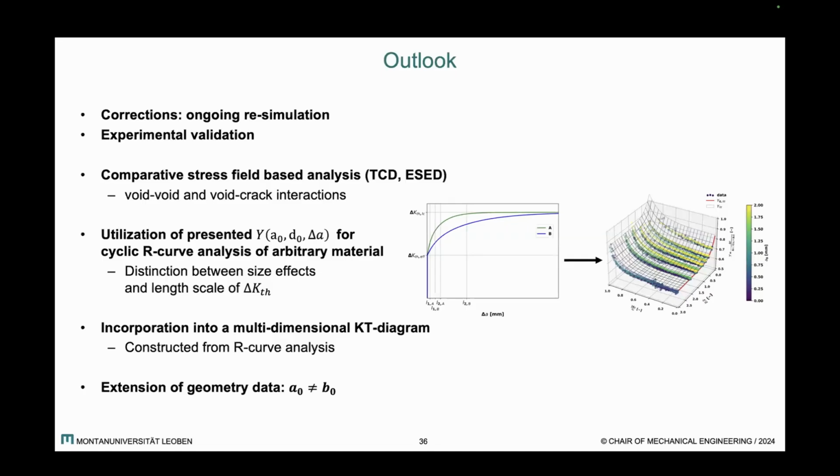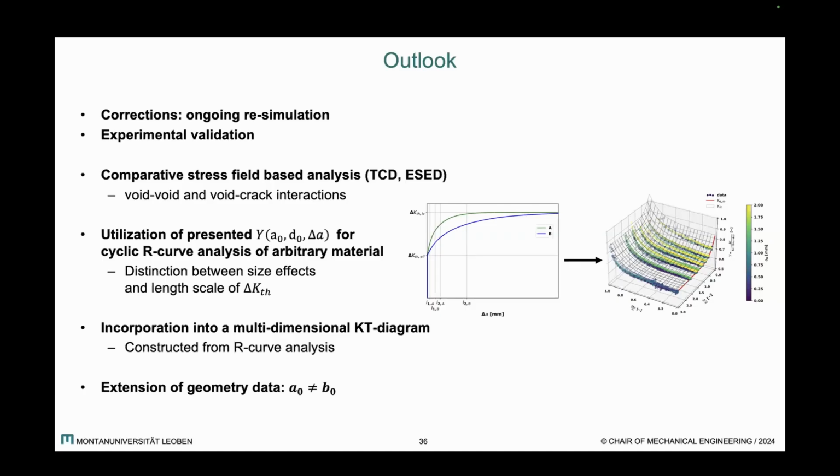I would like to utilize the evaluated geometry factors to apply a cyclic R curve analysis for an arbitrary material. The R curves taken are fairly similar once you normalize them to the long crack threshold, but you can take an arbitrary R curve, and therefore I hope to really distinguish the size effects of the interacting cracks and the length scale dependence of the cyclic R curve.